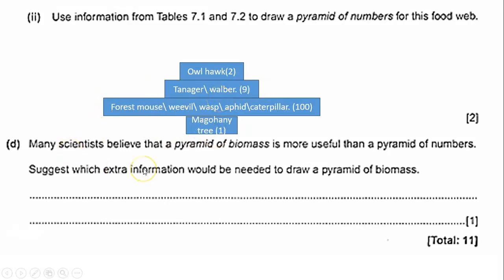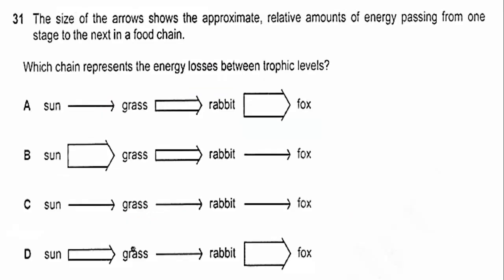Many scientists believe that a pyramid of biomass is more useful than a pyramid of numbers. So just one extra piece of information would be needed to draw a pyramid of biomass. Of course, it is the dry mass of each type of organism. The size of the arrows shows an approximate relative amount of energy passing from one stage to the next in the food chain. So the bigger the arrow, the more the energy.